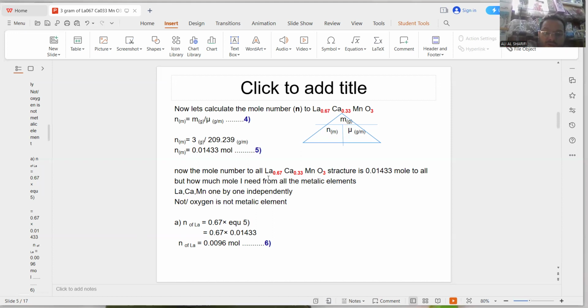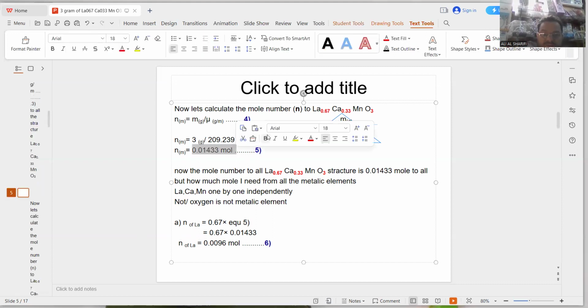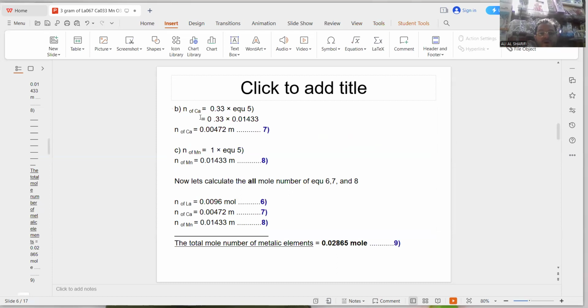Now, to calculate how much mole I need of lanthanum, I will use equation number 5. It's important. For lanthanum, I will use the molar ratio, 0.67, multiplied by equation 5. I need 0.0096 mole of lanthanum. Now let's talk about calcium.